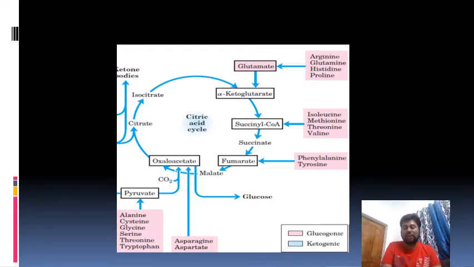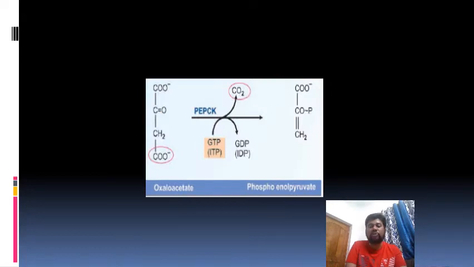That oxaloacetate in turn will be converted to phosphoenolpyruvate by the enzyme phosphoenolpyruvate carboxykinase, which is a glycolytic intermediate. So some amino acids directly enter as pyruvate, and some enter the TCA cycle, form oxaloacetate, and from oxaloacetate form phosphoenolpyruvate. This is how the glucogenic amino acids enter into glycolysis.